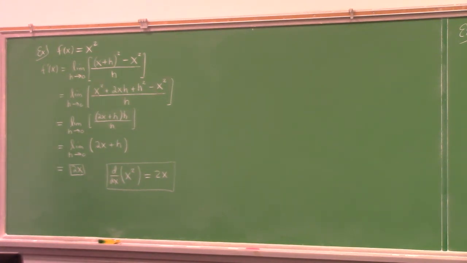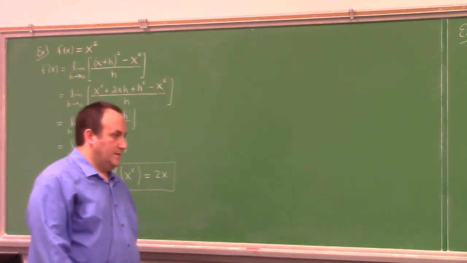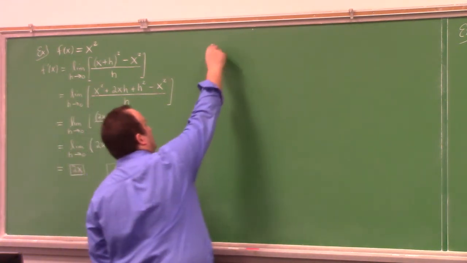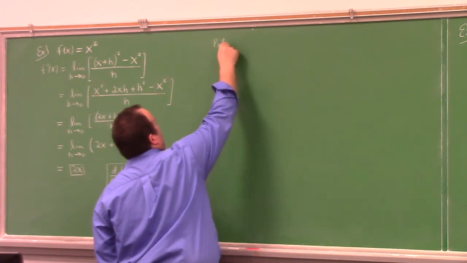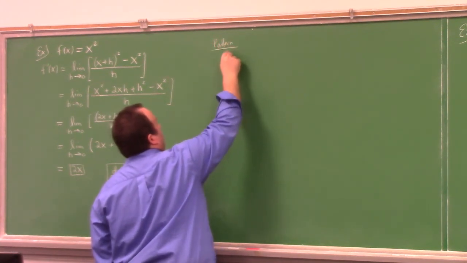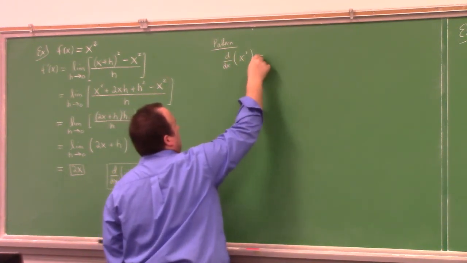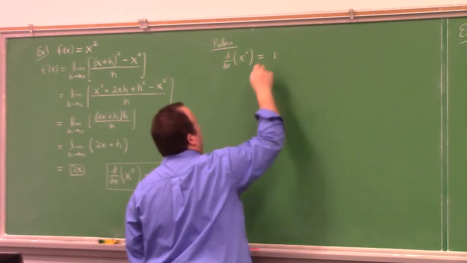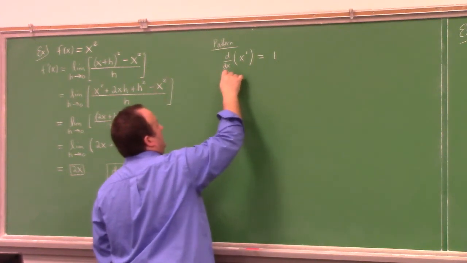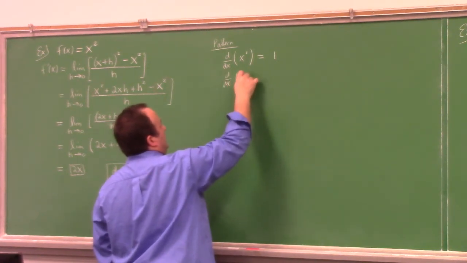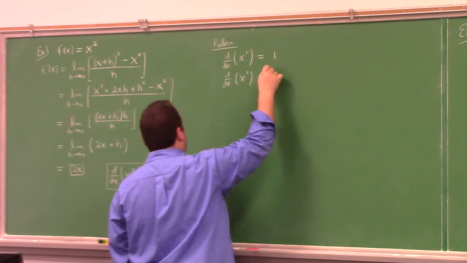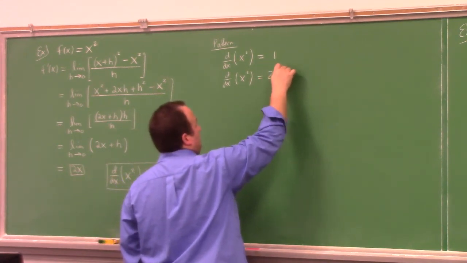Can you guys see a pattern emerging? So yeah, let's look at it. The derivative with respect to x of x to the power 1 is equal to 1. The derivative of x to the power 2 was 2 times x to the 1, right?